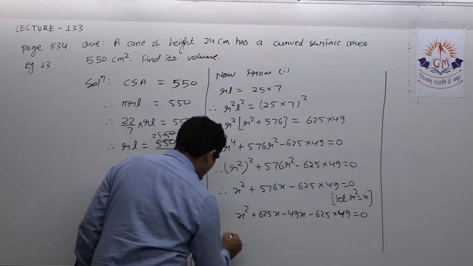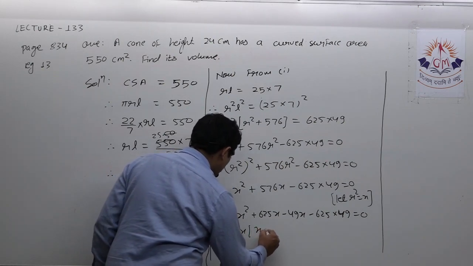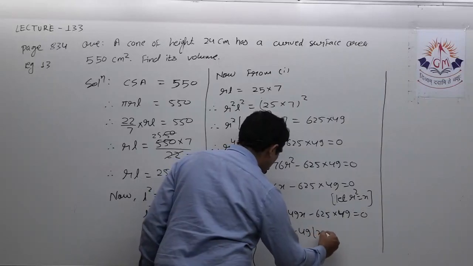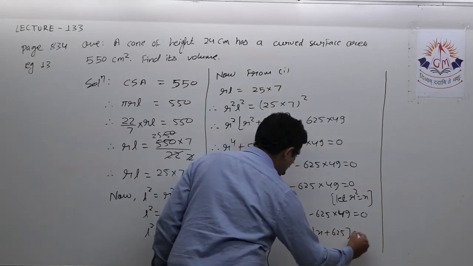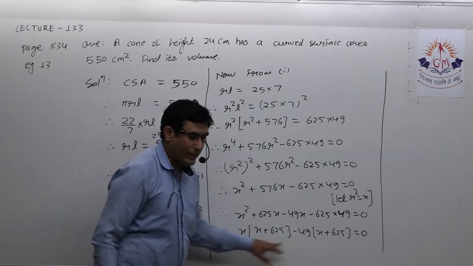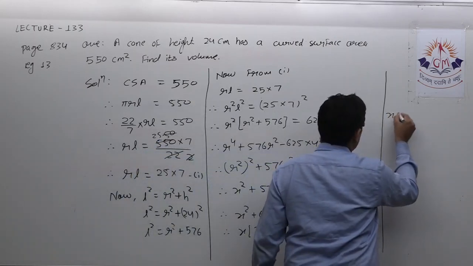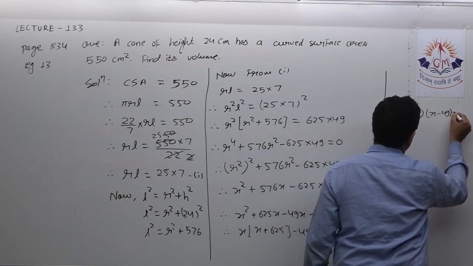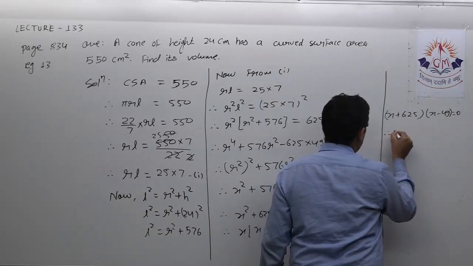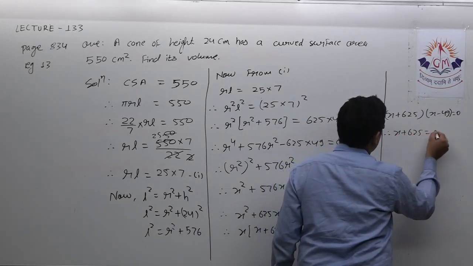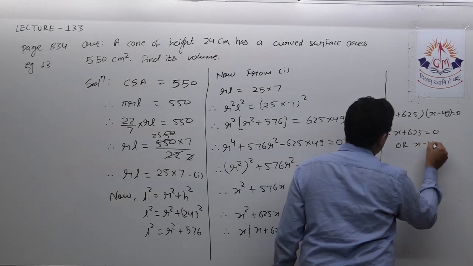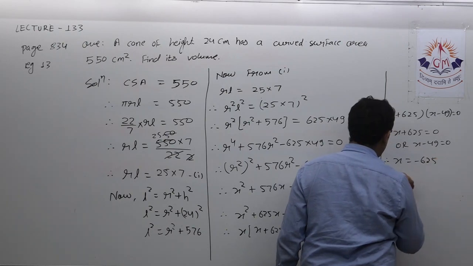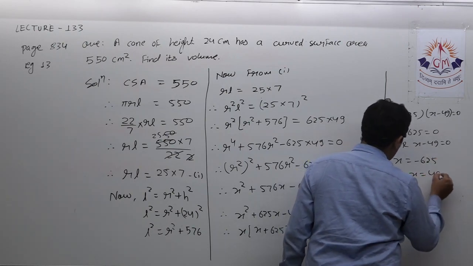From the first two I can take x common, so x into x plus 625. From the last two I can take minus 49 common, so again x plus 625 is equal to 0. Now I can take x plus 625 common into x minus 49 is equal to 0. Therefore x plus 625 is equal to 0, or x minus 49 is equal to 0. Therefore x equal to minus 625 or x is equal to 49.